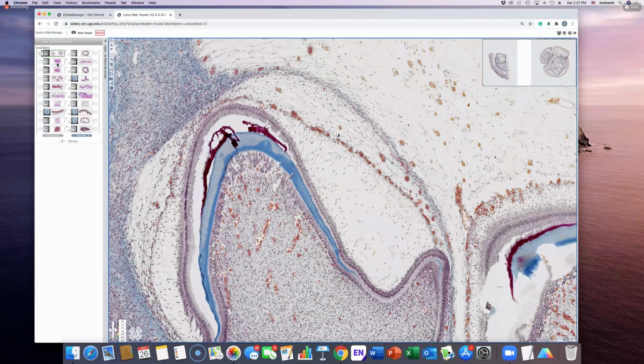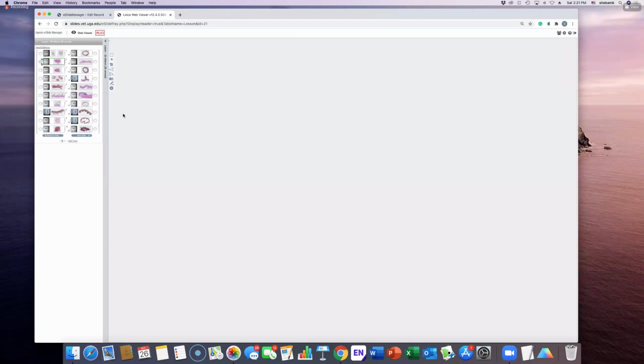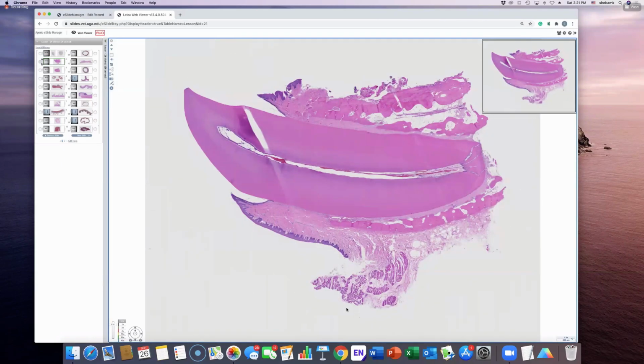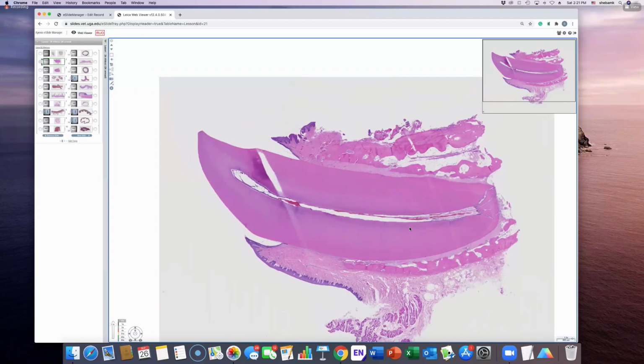Okay, so let's look at a full grown tooth right here. So this part is called the crown. This would be the root of the tooth. Okay, this is the pulp.